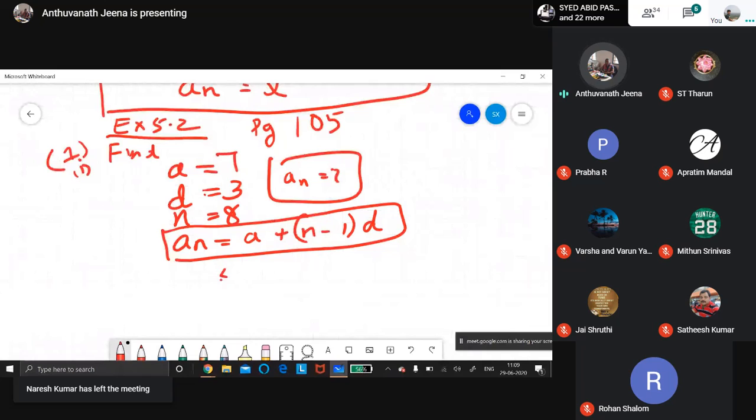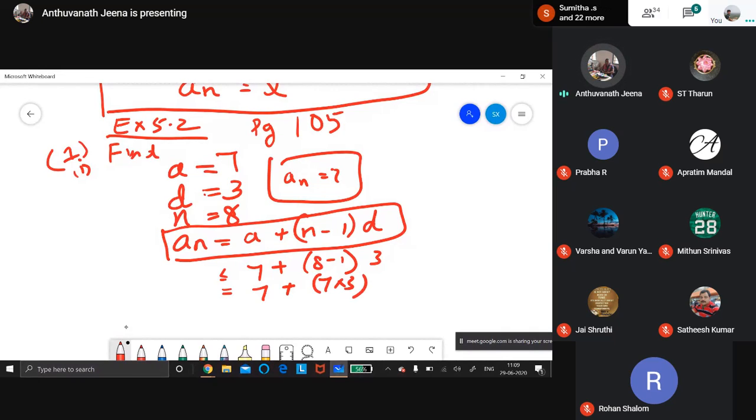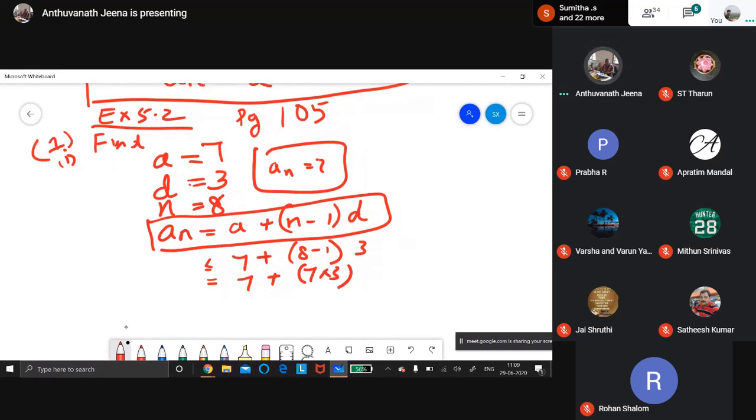Now substitute. A is 7, N is 8, 8 minus 1. What is 8 minus 1? 7. So don't remove the bracket and multiply; you will go wrong, children. 7 into 3 you should do first, then add. You know what mistake children usually make in AP? They add 7 plus 7, 14, and write 14 threes.